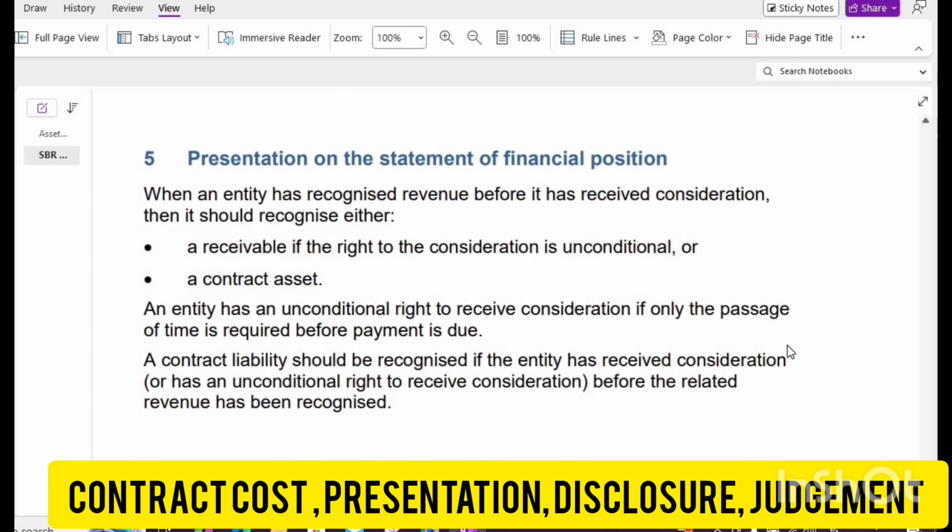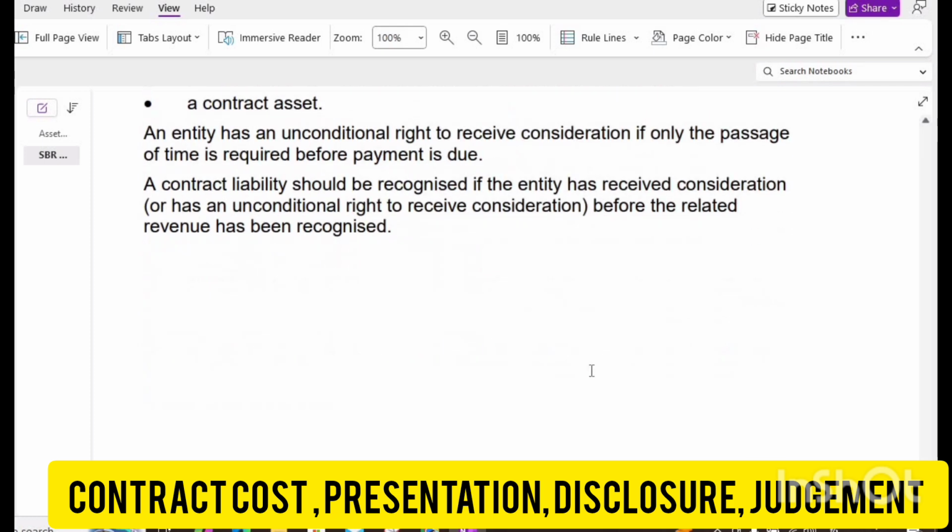Now let's move on. We have the presentation on the statement of financial position. What do we mean by the presentation on the statement of financial position? Let me explain it here.